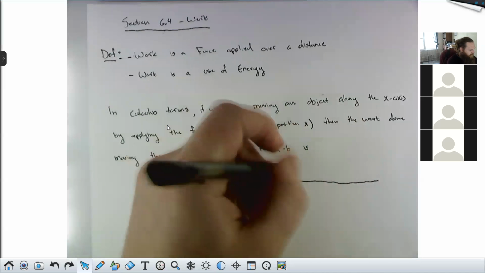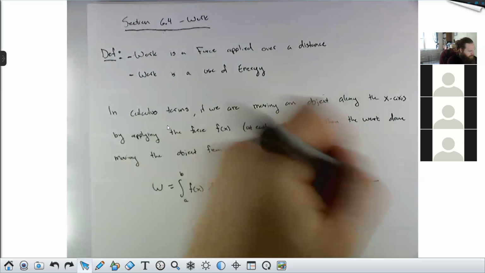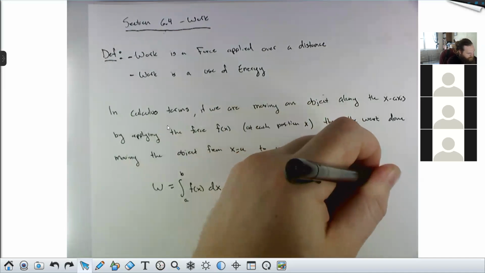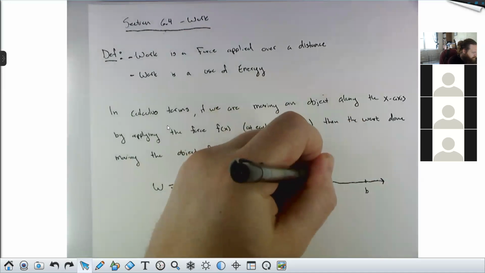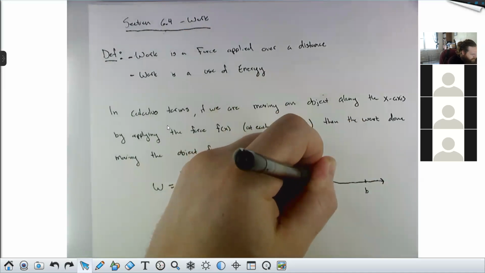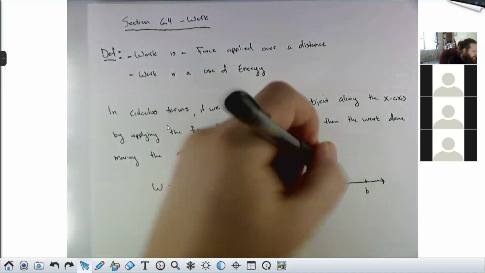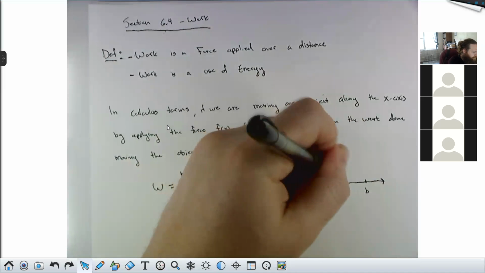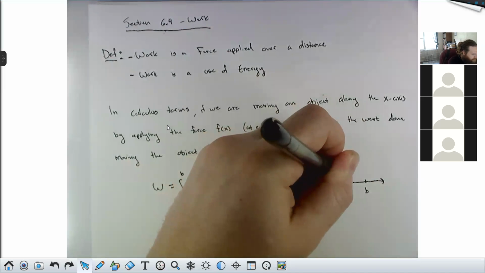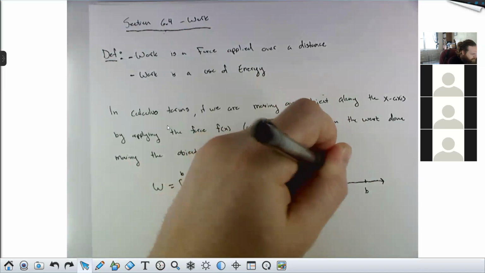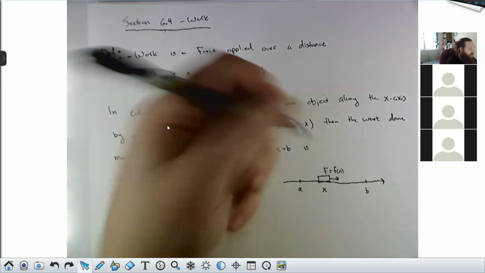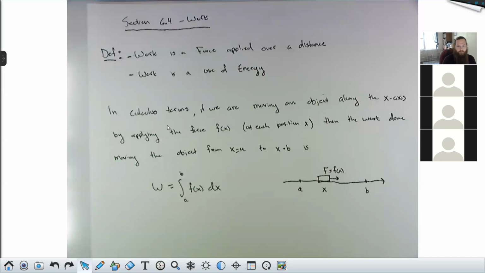So here's the picture. I've got my object here, and it's at position x, and I'm pushing on it or pulling on it with force F at that position. So the object starts over here, and at every position x between a and b, I'm applying the force little f. That force might change depending on where we are.